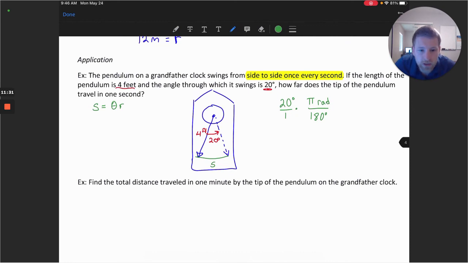And if we look at 20 and 180, we can definitely cancel these out. If we divide by 20, this goes in evenly. That would be 1, and 180 divided by 20 looks like we can get 9. And so when we cancel out those units, we're left with pi over 9 radians.